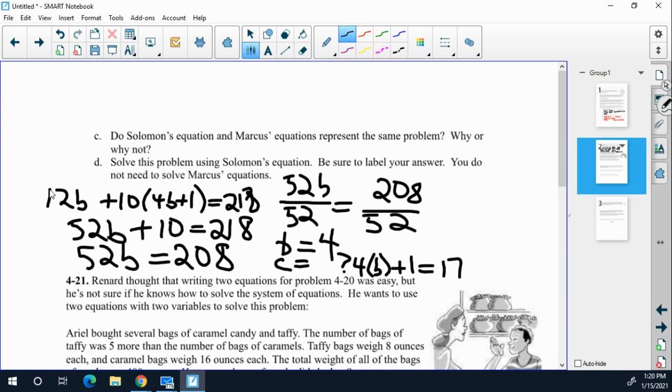And so if you want to avoid labeling your answers, you can up here tell what each of the variables mean. B equals bottles, C equals cans. Sometimes it might ask you to label your answers as well. Okay.